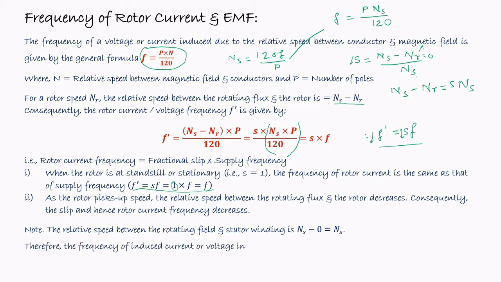Therefore, the frequency of the induced current or voltage in the stator winding will be equal to f, which is Ns into P upon 120, and that is nothing but the supply frequency. So the EMF induced in the stator winding has the same frequency as the supply frequency.